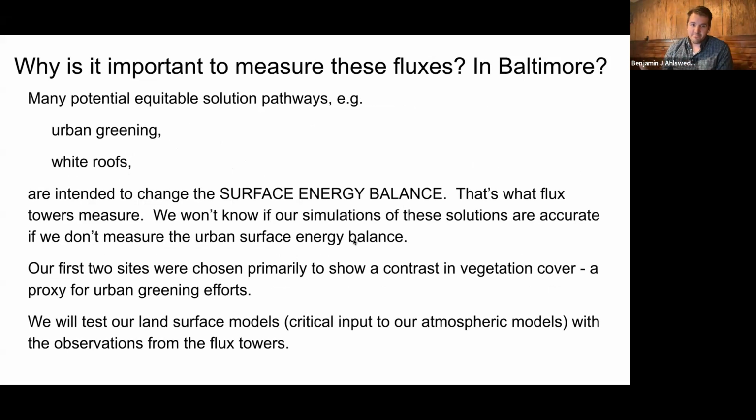We can simulate that, but we don't know if we're getting it right at all, particularly in urban environments. The surface energy models that I'm familiar with do very well in forested areas or agricultural areas, but urban land surface modeling is very simple and rudimentary in most systems.